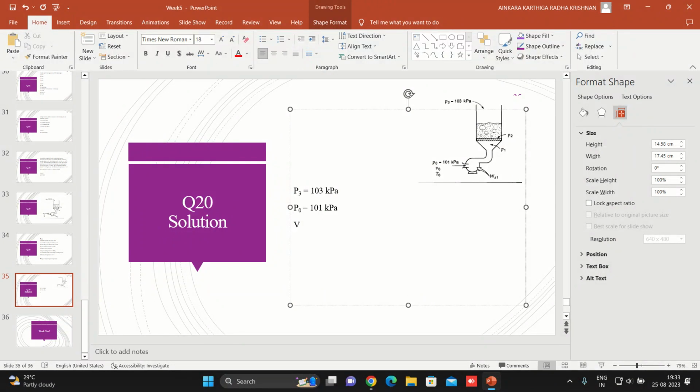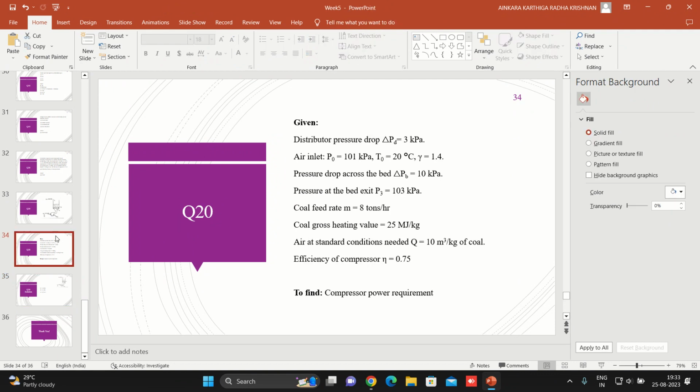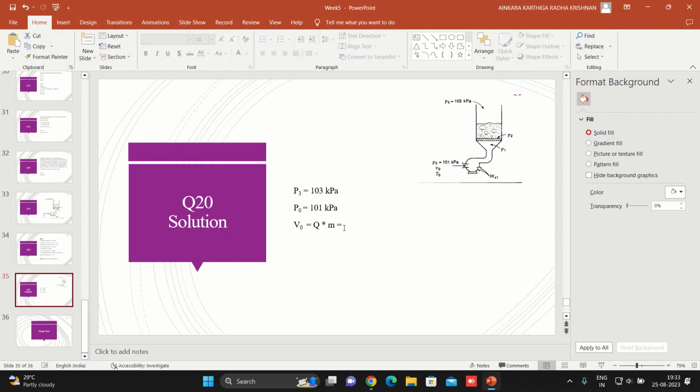V naught is equal to Q into M, which was nothing but Q was 10 meter cube per kg of coal.